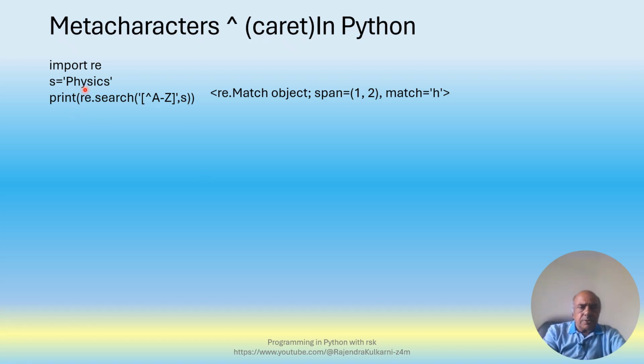When this program was executed, the output is match equal to H, because P is excluded from our criteria using caret a hyphen z. So the next match is H, which is in small cap. So output is H.